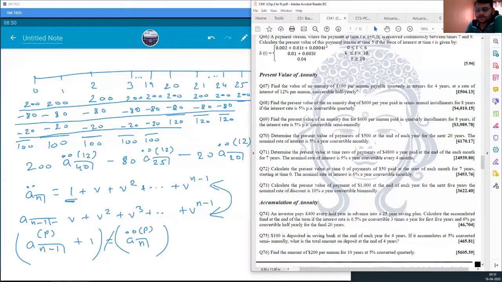Remember when I was talking about payments, we said that for the beginning of the year we use the word advance or we use the word due. So the term due means that it is advance. Same thing here, annuity due. Otherwise, if they did not use this word due, then we would have definitely taken it in arrears. In both of them, the word due represents advance.